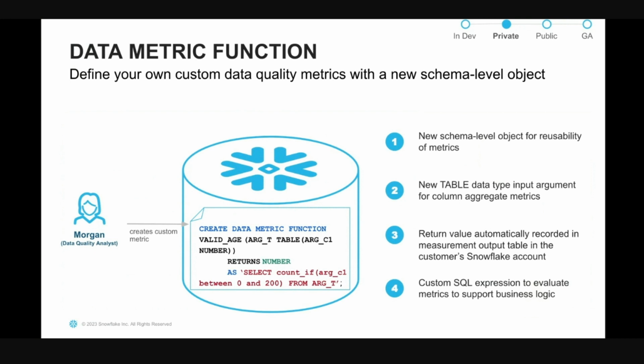So this is what we call a schema level object, and there's a new table data type that accepts the entire column, and it's able to evaluate based on the instructions in that predicate what to do, and the return value is stored in your Snowflake account. That's really important.